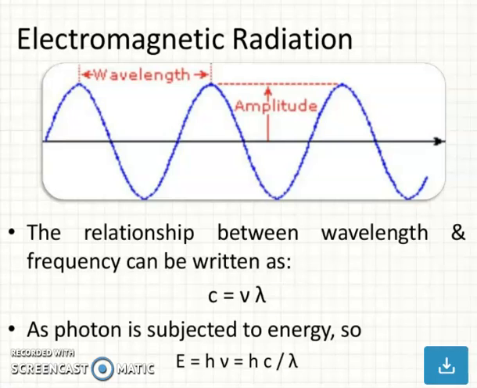The relationship between wavelength and frequency can be written as c is equal to frequency times wavelength. As a photon carries energy, E is equal to h nu, which is equal to hc by lambda.